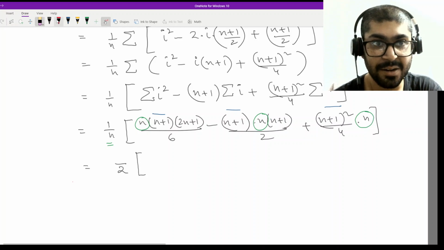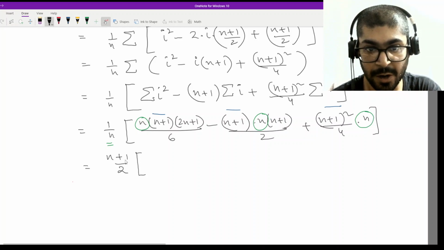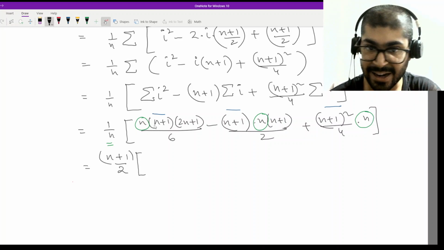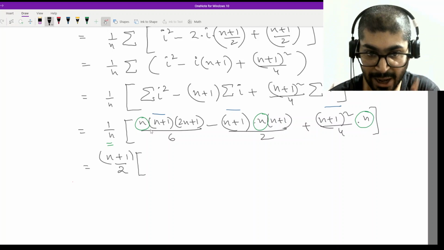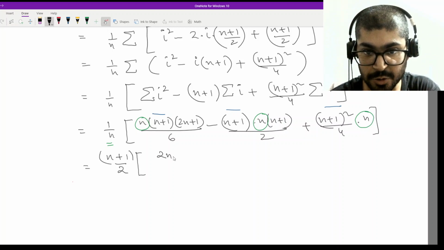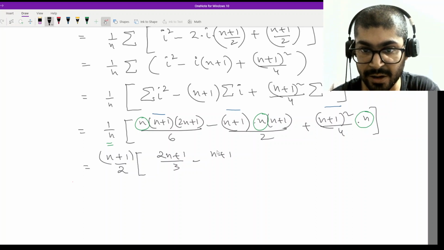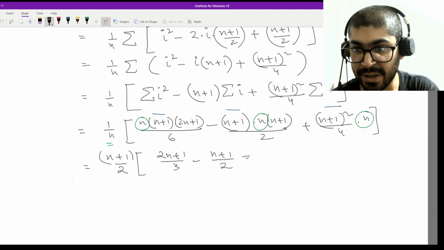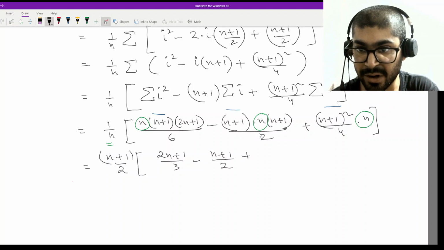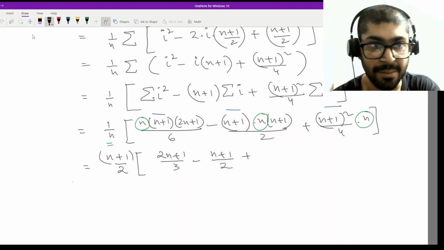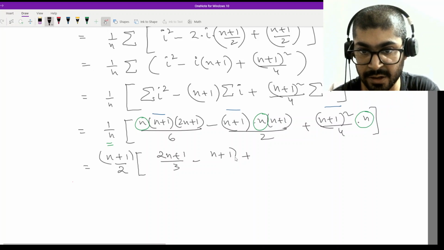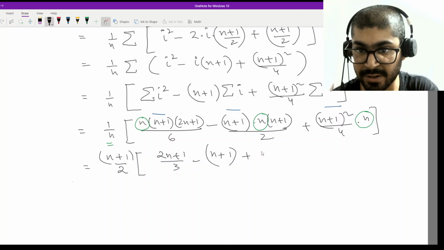Therefore I can keep (n plus 1) by 2 outside and I'll end up with: 1 by n is gone, n plus 1 is gone and 2 from the denominator is gone. So I'll be ending up with (2n plus 1) by 3. From here I'll have n plus 1, and from here plus (n plus 1) by 2.